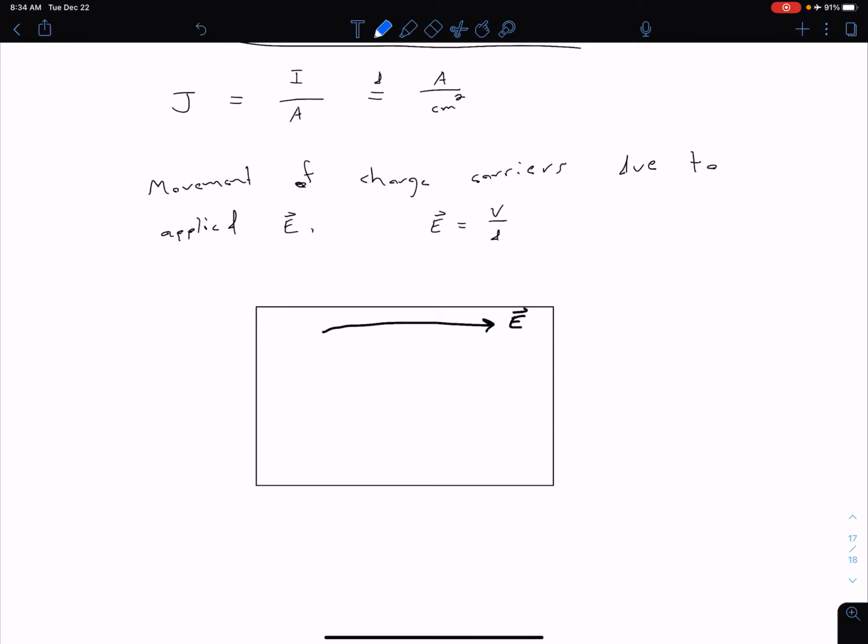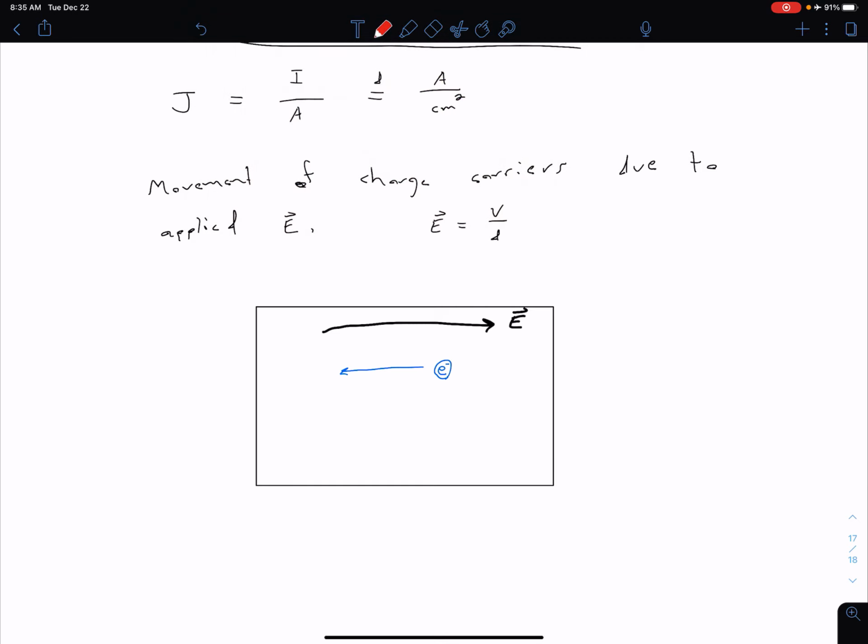Whether we've doped it or not, we're still going to have some carriers if it's above absolute zero. So let's say we have some electrons here. In the presence of an electric field, positive charges are going to move in the direction of the field, and negative charges are going to move in the opposite direction. So any free electrons are going to be moving, the way I've drawn this, from right to left.